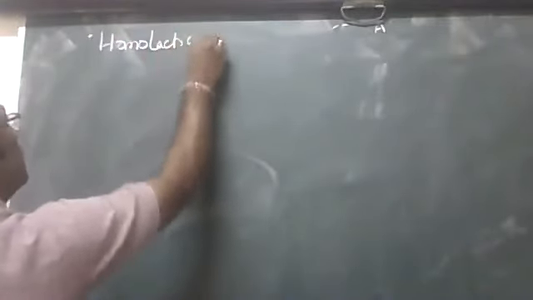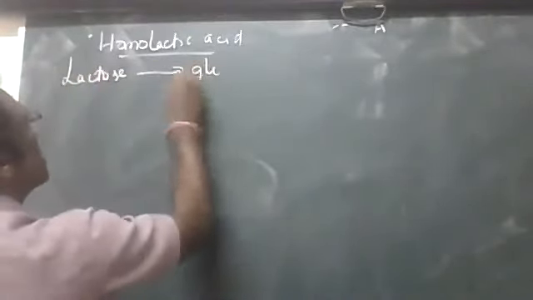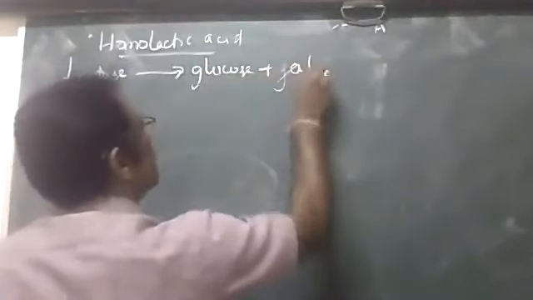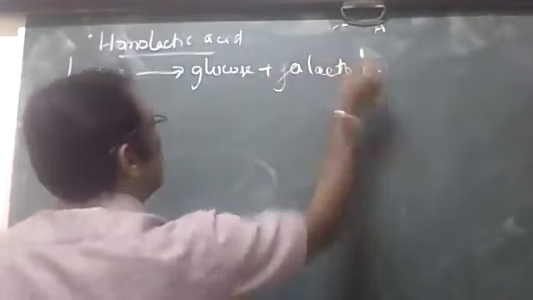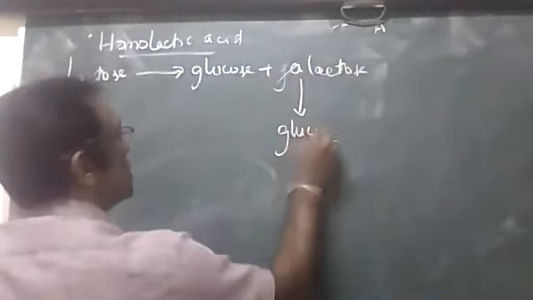Talking about lactic acid. This is again a revision for you. You will not do it, so I am writing it on the board once. Remember, lactose will convert into glucose and galactose. Galactose also converts to glucose.